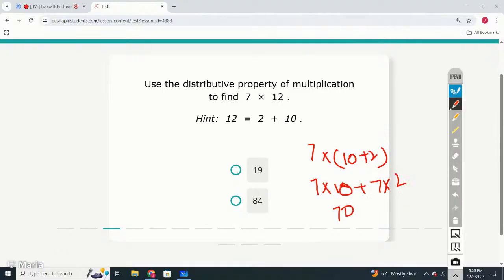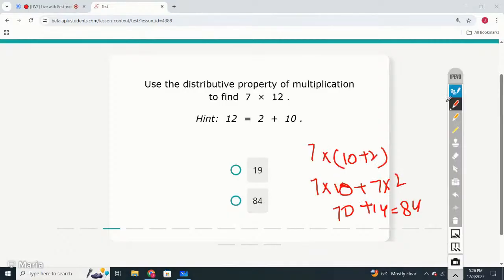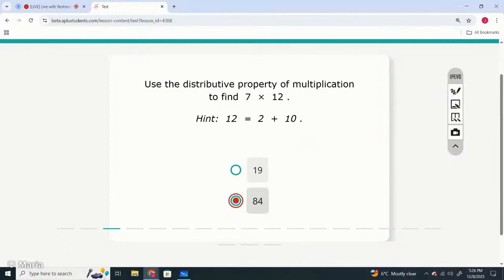So 7 times 10 is 70, and 7 times 2 is 14. So 70 plus 14 equals 84. Option number 2 is the correct option, that is 84.